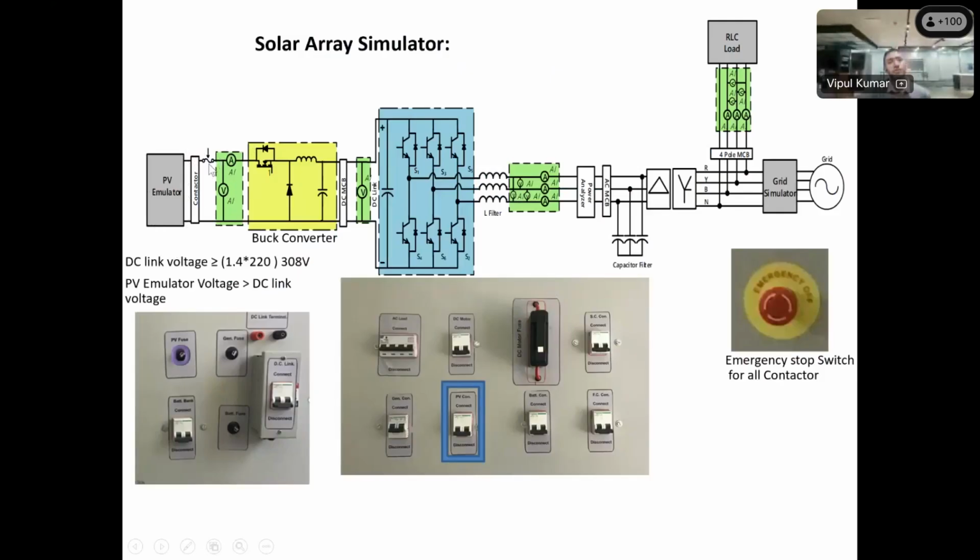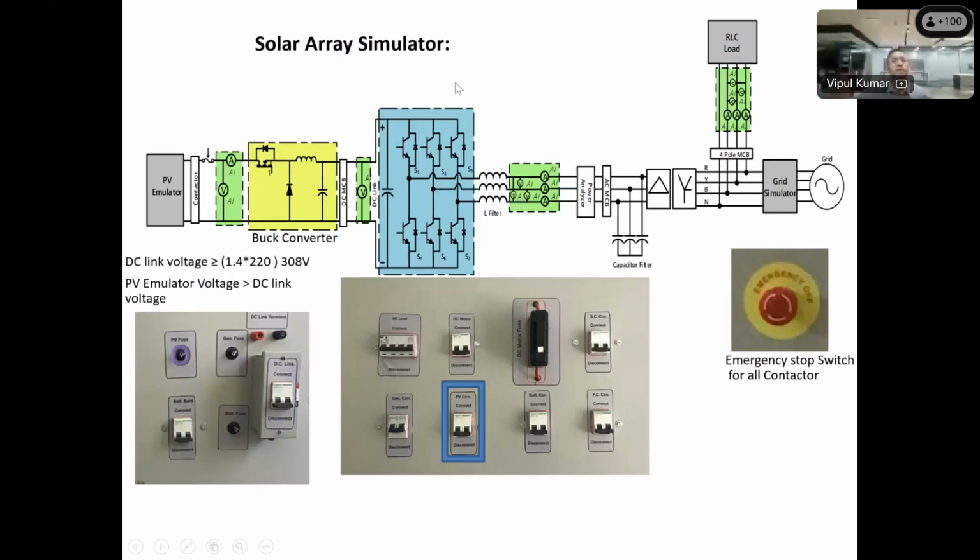After the solar array simulator we have the contactor, fuse, then the voltage and current sensor, and after that we have the buck converter. In most cases we use a boost converter after the solar array simulator, but the client demanded a buck converter. That's why after the solar array simulator we put a buck converter. After that we have the three-phase inverter, and all the sources, like the wind emulator, are connected to that DC link.